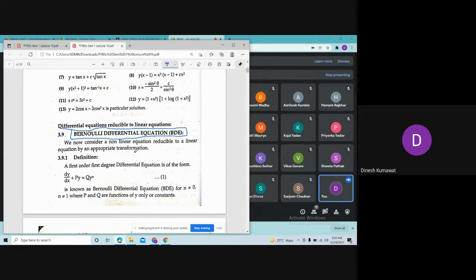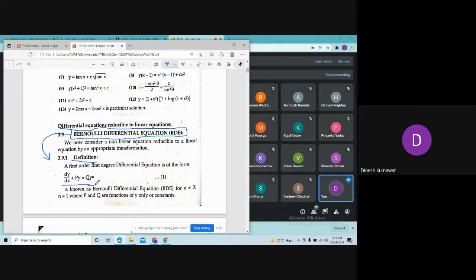And the answer is given by this mathematician, Bernoulli. So let us first try to understand the definition of Bernoulli's differential equation. A first order, first degree differential equation of the form dy by dx plus py equals q y to the power n.